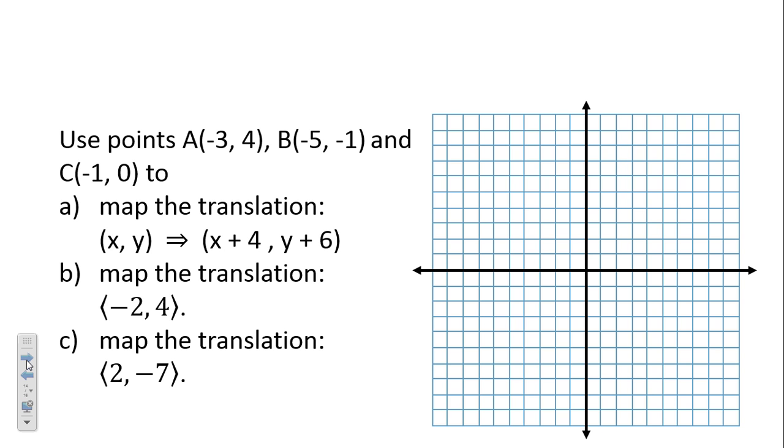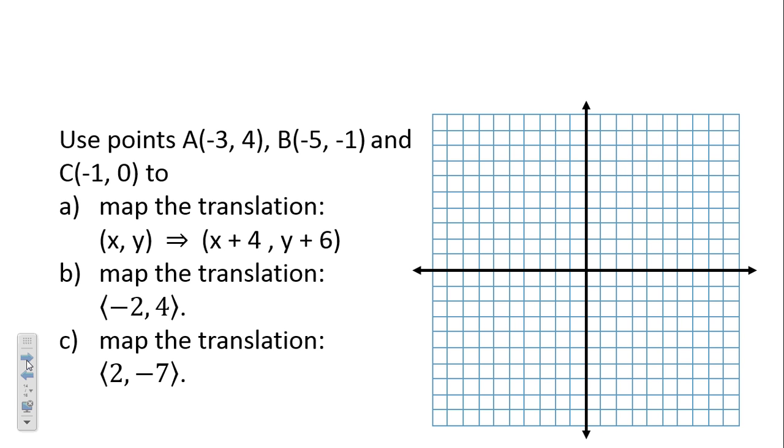Plot it and label it. And C is at -1, 0. Plot that and label it. They are tiny.